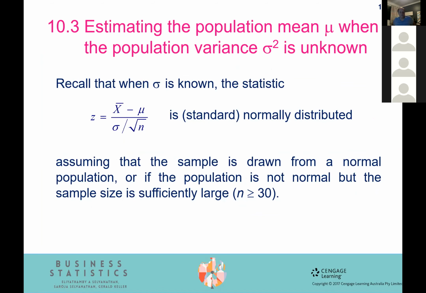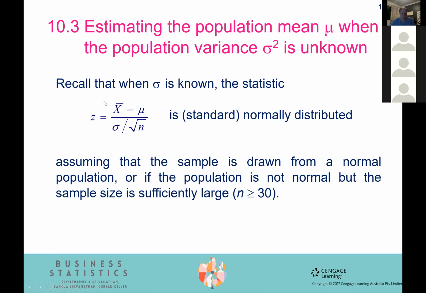Okay, this is the one I want to concentrate on. Estimating the population mean when the variance is unknown, and that's 95% of the cases we're in this situation.